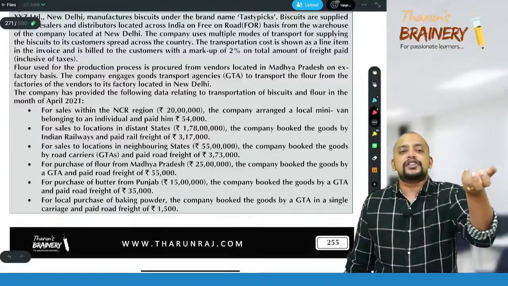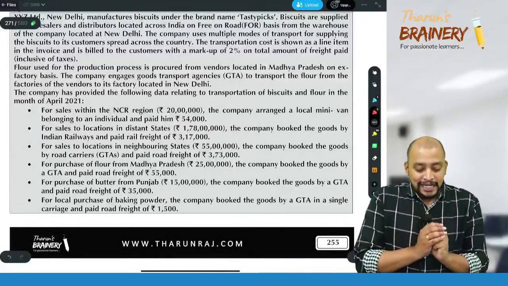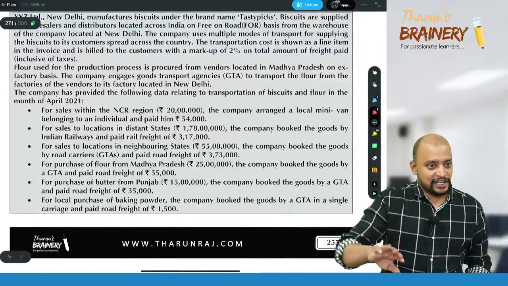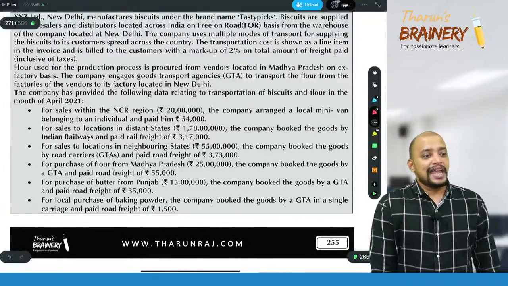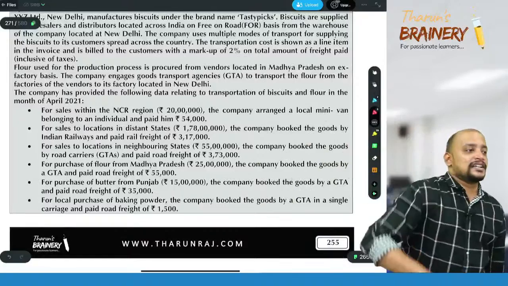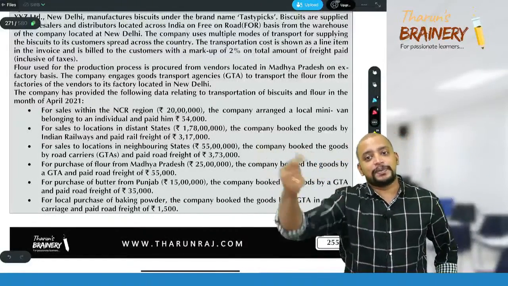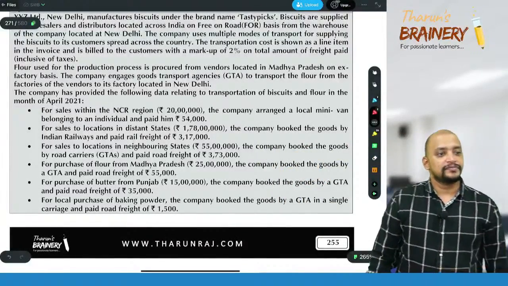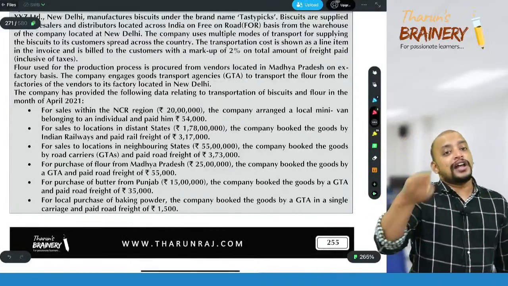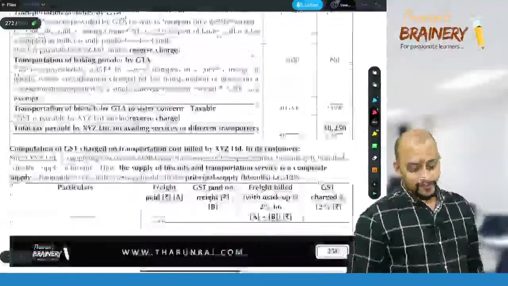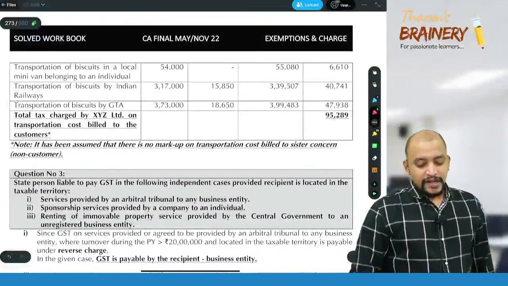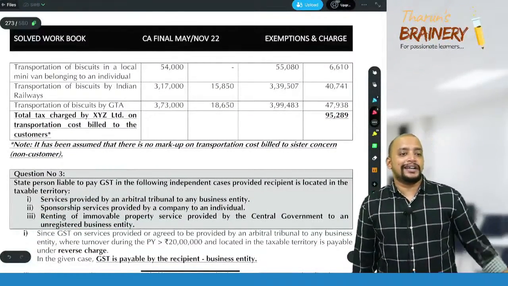So that 15,850 will be added to 3,17,000. So 3,17,000 plus 15,850, add 2%. Why? Markup. We will add the markup and recover, add 2%. Into, on that we collect 12%. 40,741, check there.